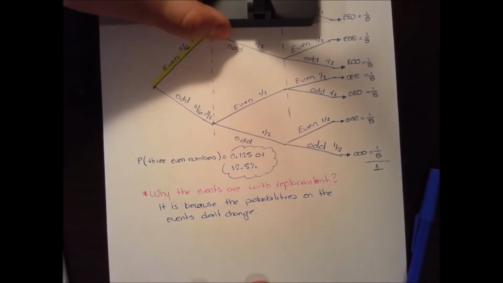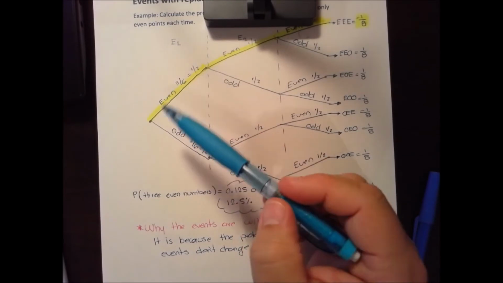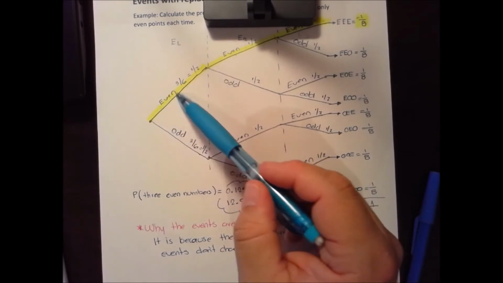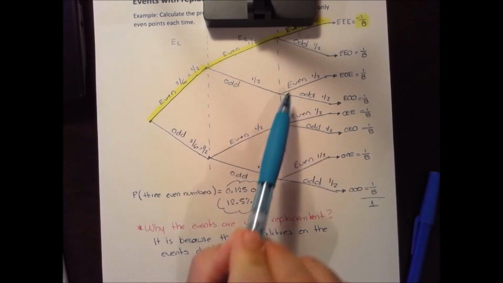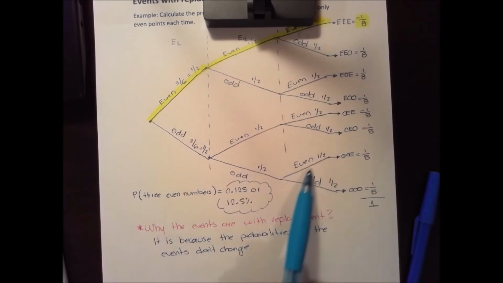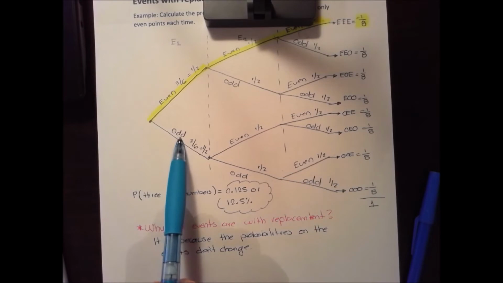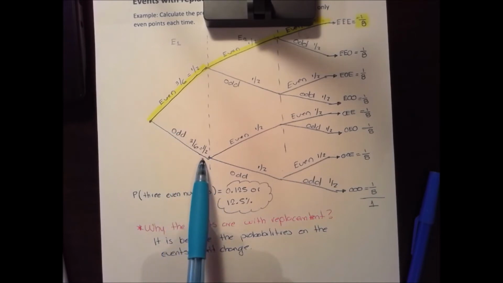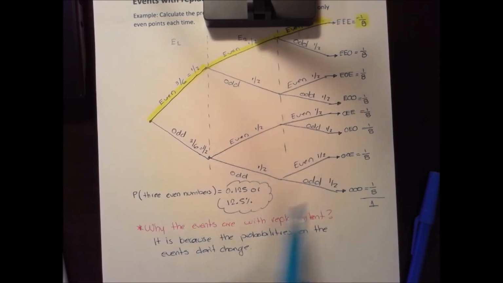What I'm telling you is very easy. At the beginning, in the first event, the probability to have an even number is 1/2. As you can see, all the even numbers still are 1/2. The same happened with the odd numbers. Here the probability of an odd number is 1/2, and it still is 1/2.